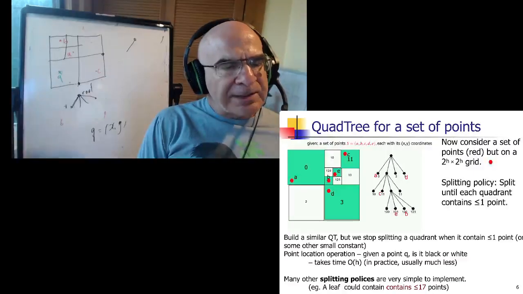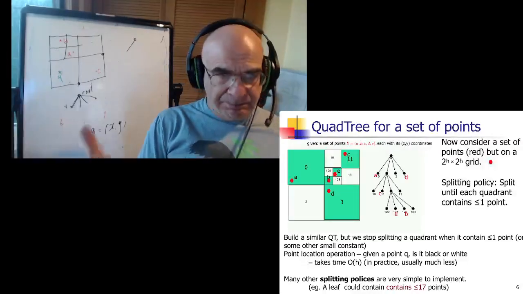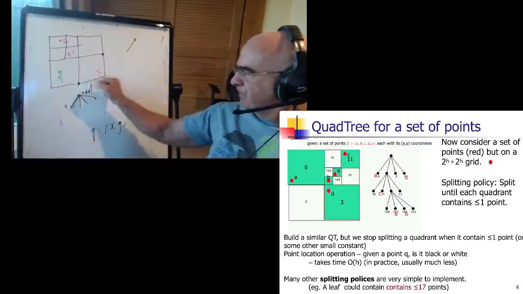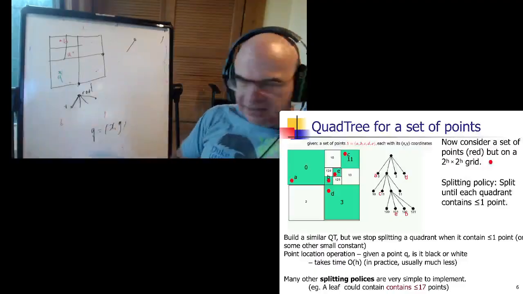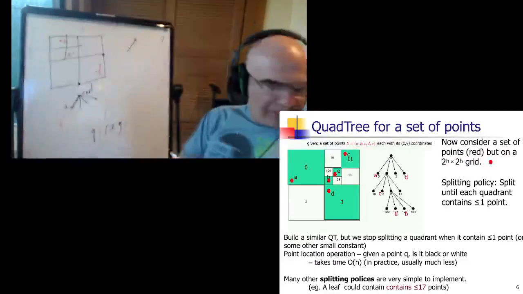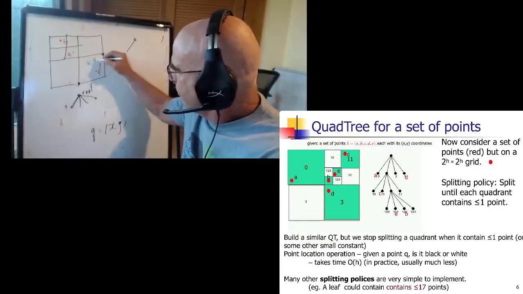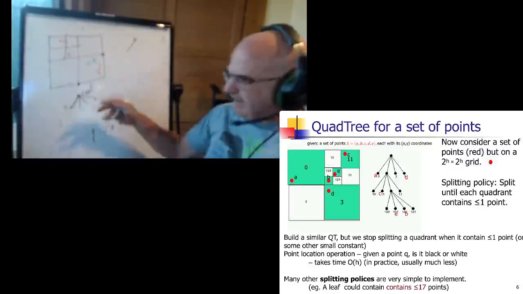If Q lies in quadrant 3, then I go to quadrant 3 that contains a point D. Here in the slide is D, here is Q, and now I need to check D explicitly.